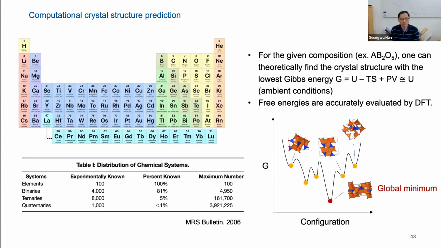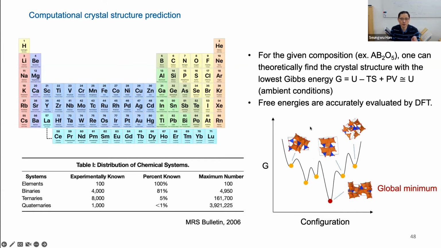So therefore, it will be very helpful if we can find the crystals in the unknown domain theoretically before we experiment. And then if we can find useful properties, then we propose to the experimentalist the synthesis of certain materials. So that is one of the dreams of the theoreticians.